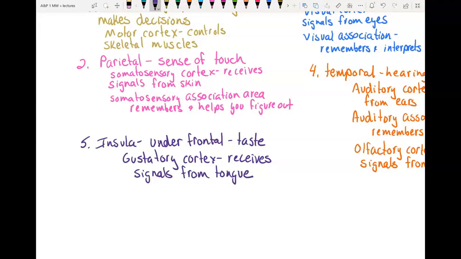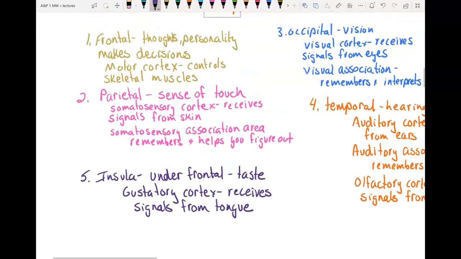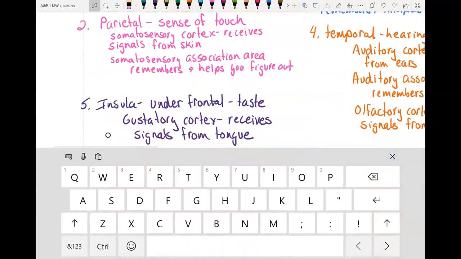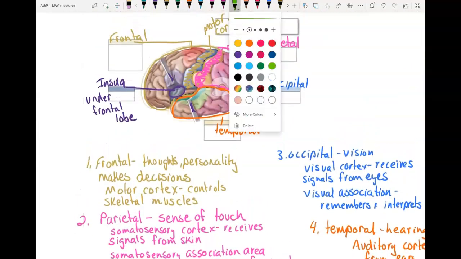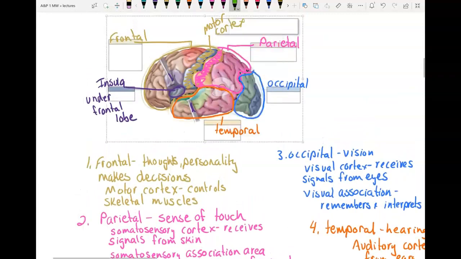Okay, in addition to these lobes, there's two special areas on the brain that we're going to look at. We have right here this little circle and then kind of this bigger area around it.